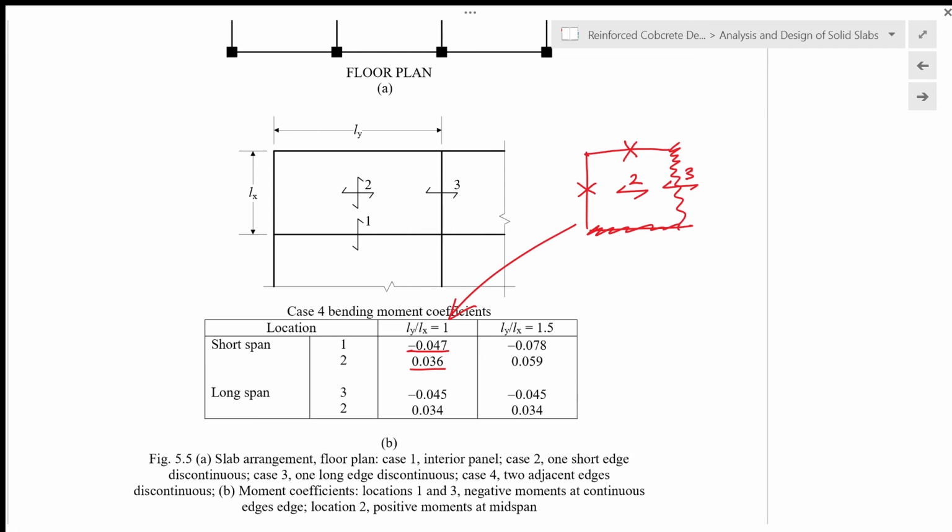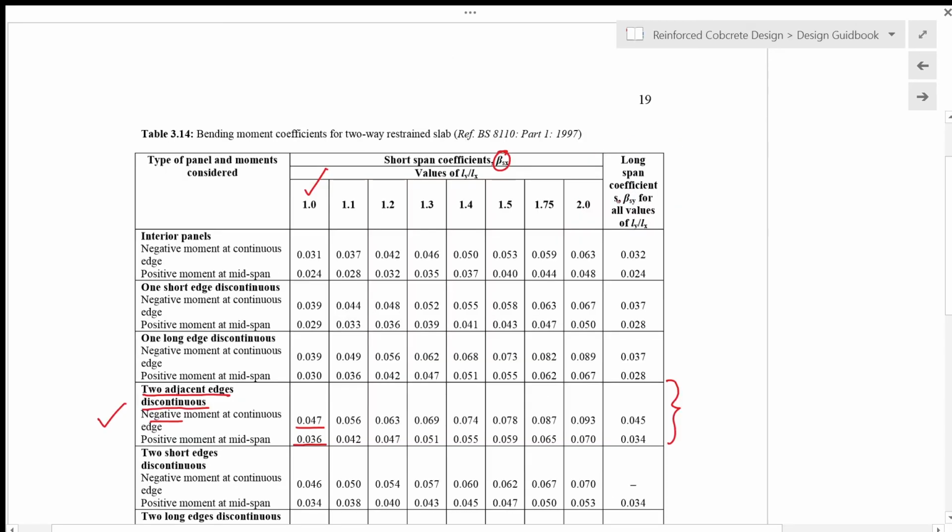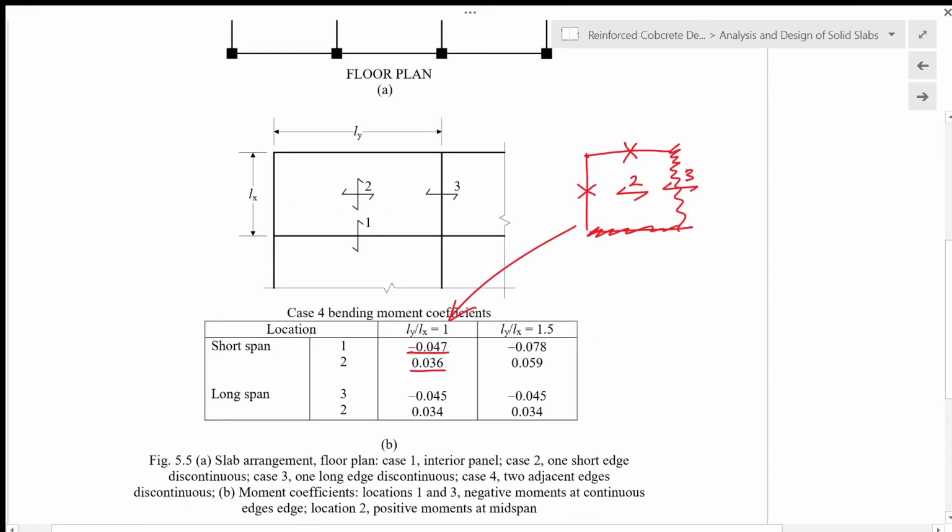From table 3.14, for beta Sy, we look at this column here. The negative moment at continuous edge is 0.045, and for positive moment at midspan we have 0.034. So at location 3 here we have negative 0.045.